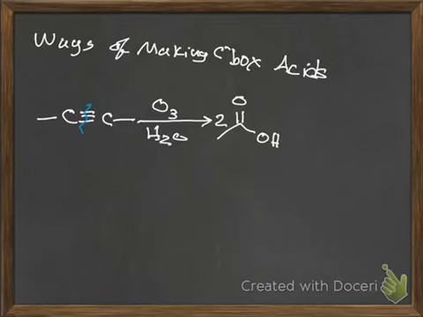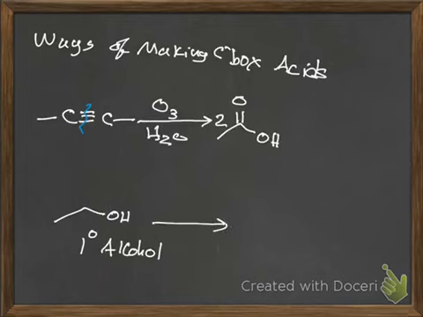Another way that we have to do this is to take a primary alcohol and react it with chromic acid and water, and that will get you to the carboxylic acid.